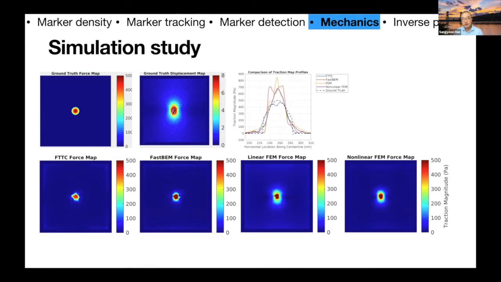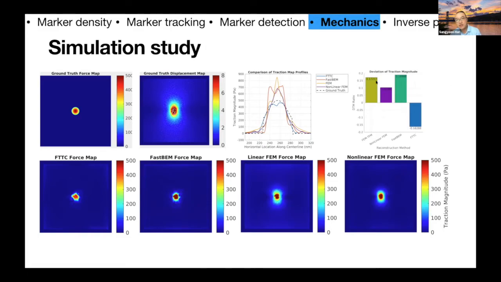If you cut half at the center line horizontally and see the solution in the y direction, this nonlinear FEM showed a higher peak there, but it also has side lobes.